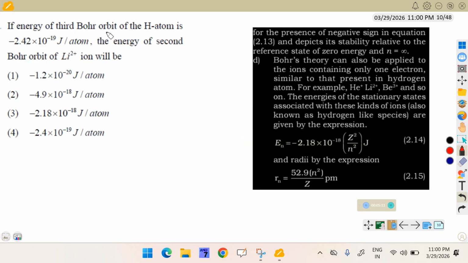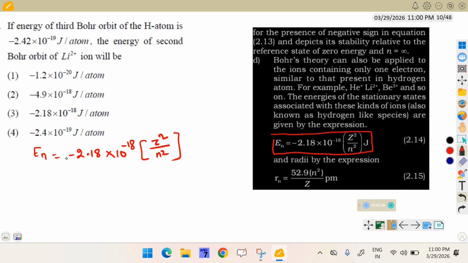The energy of the third orbit of the hydrogen atom is minus 2.42 into 10 power minus 19 joule per atom. The energy of the second Bohr orbit of lithium 2 plus ion will be? What is given? Generally, the equation for energy of the nth orbit is minus 2.18 into 10 power minus 18 into z square by n square.